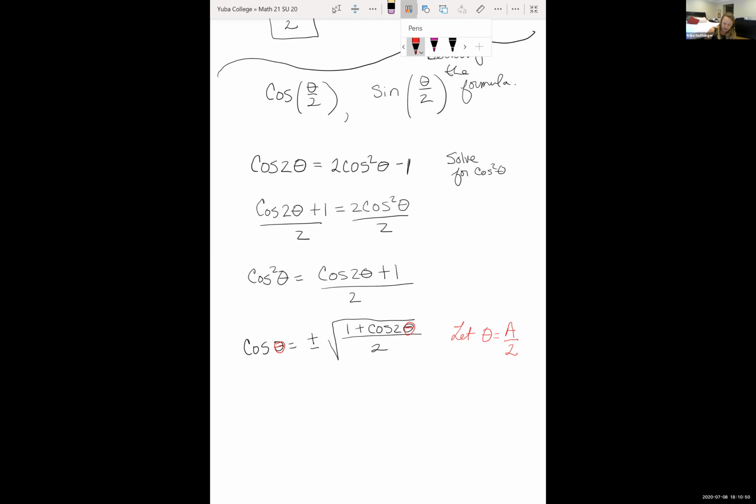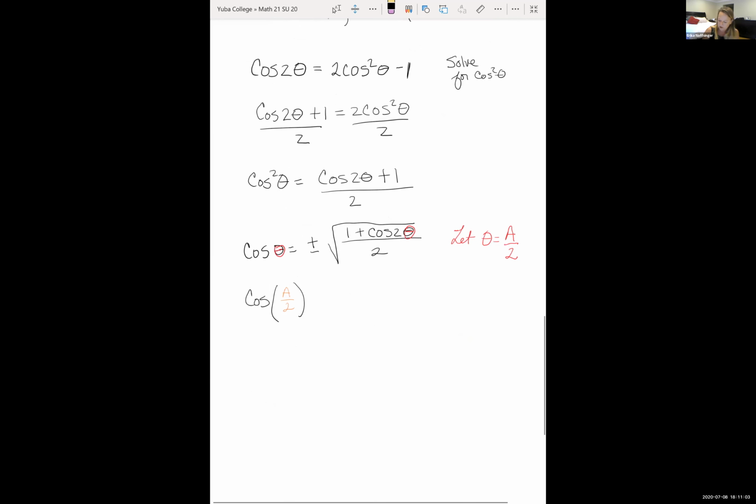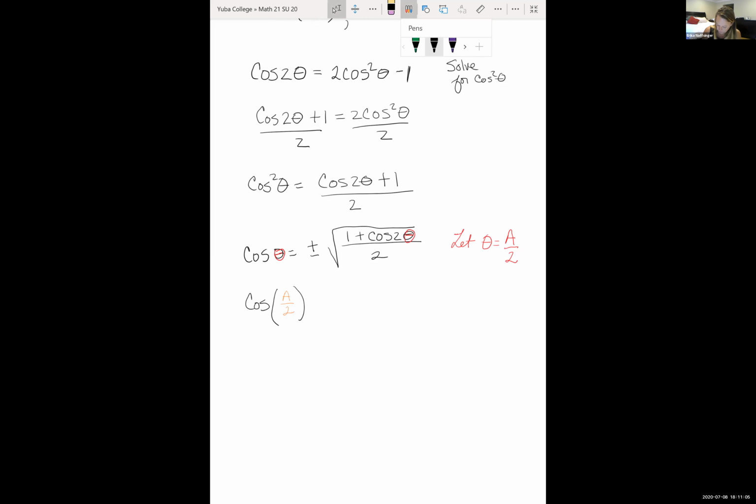So we have cosine of a over 2 is equal to plus or minus the square root of 1 plus cosine of 2 times a over 2, all over 2.